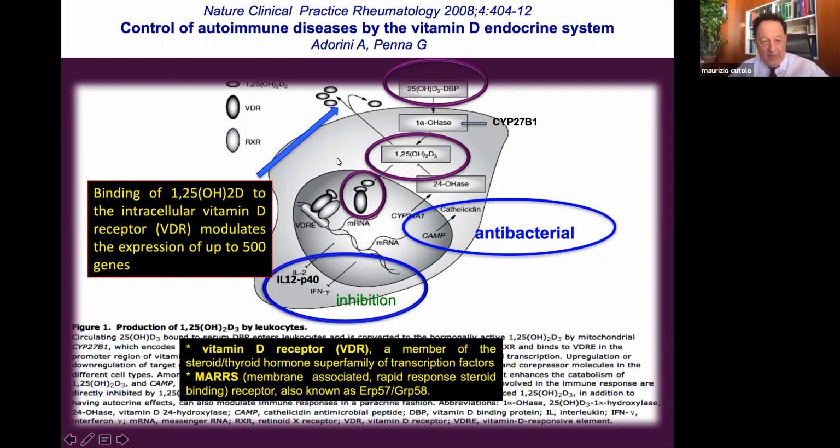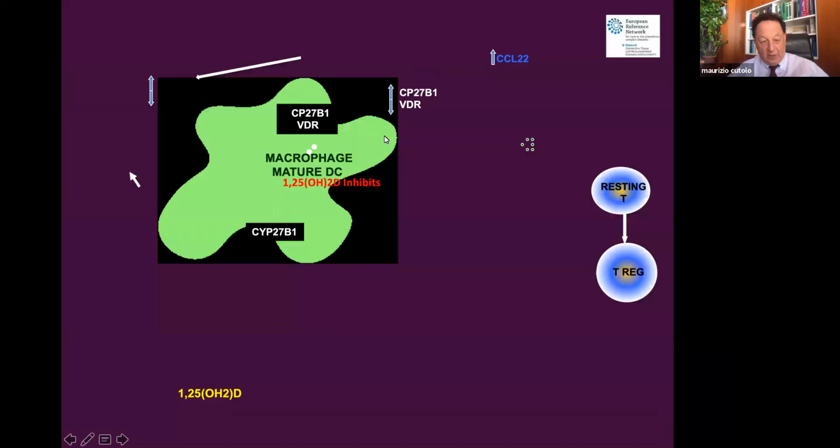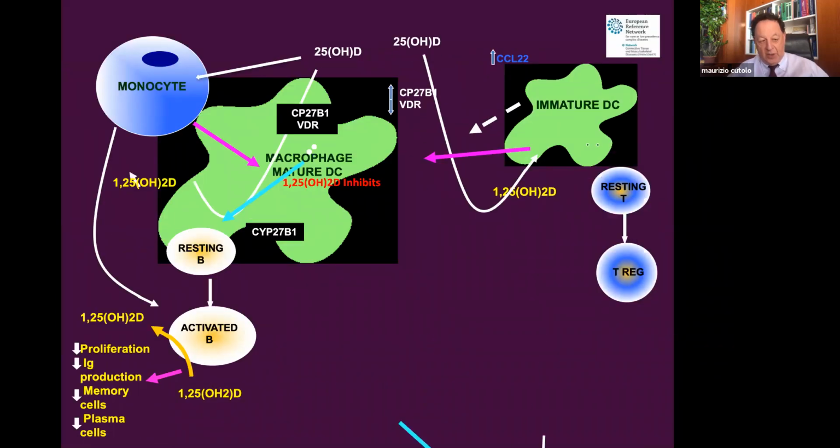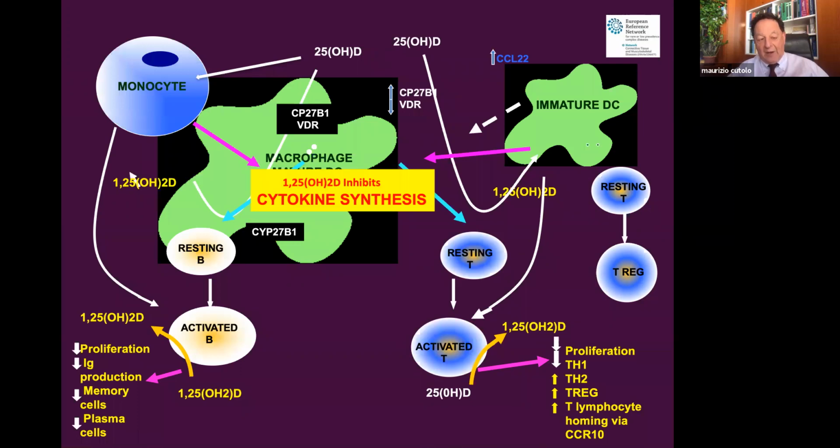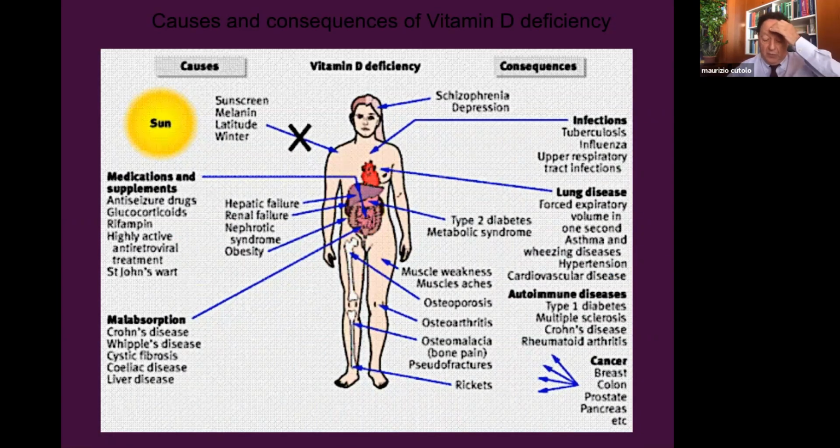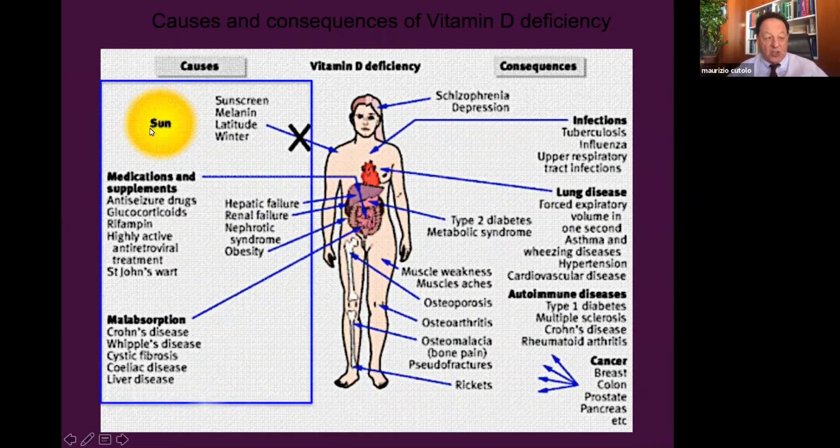And effectively, we get less infection, even the simple bronchitis in summer, much less than in winter. In winter, vitamin D is lower. And macrophages, with all the other cells, are the players. So, in few words, no sun, because winter, latitude, sunscreen used too much, mean less availability of vitamin D, so vitamin D deficiencies.